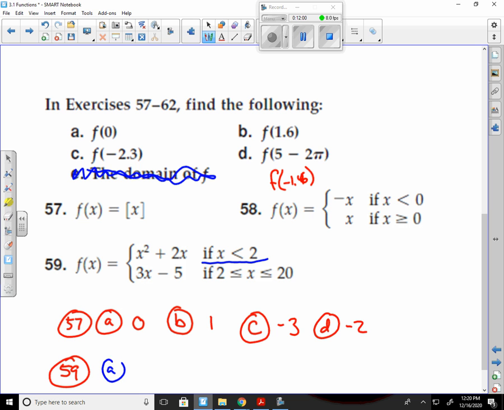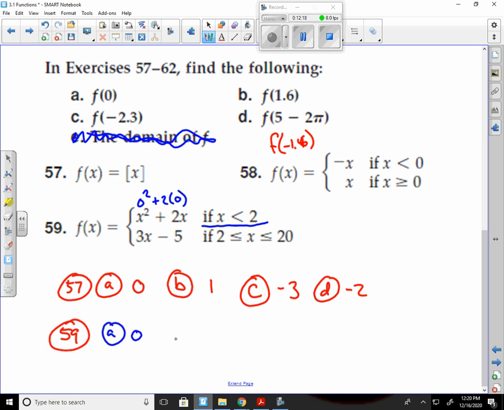So now everywhere I see an x in the top, I just put a 0. 0 squared plus 2 times 0. That's 0 plus 0, which is 0. For B, it's 1.6. Does that go in the top or bottom? Right, goes in the top. Matter of fact, for whatever reason, all of these go into the top, just because they're all going to be less than 2.